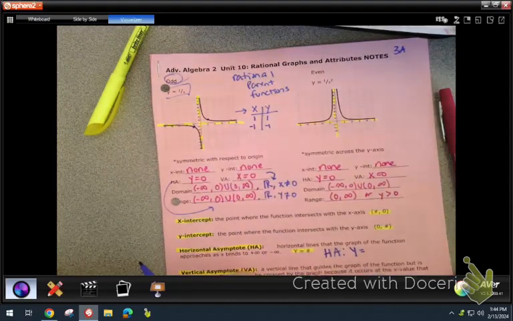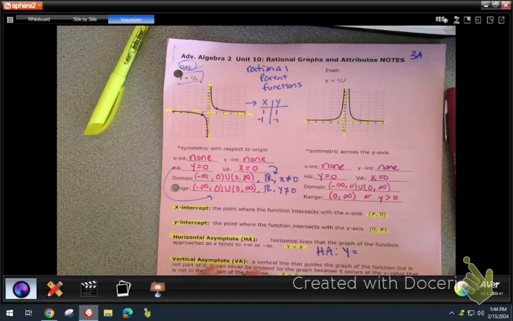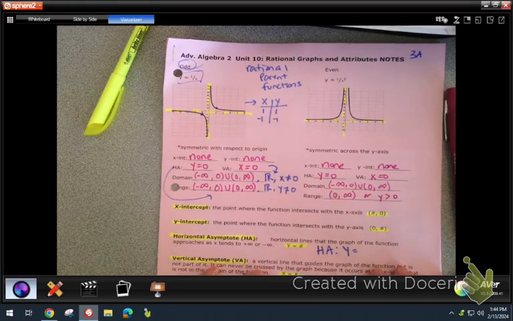So once you get an idea of what side of the asymptotes your graph's going to go, you can just transform those points and then hug the asymptotes when graphing. We're not going to get too specific with points with these, but we need to know where our boundaries are.